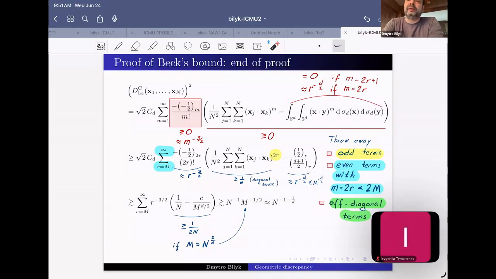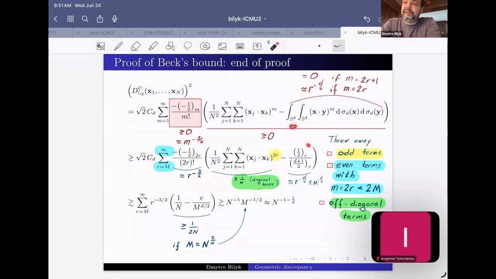So I will be left just with the diagonal terms, and there are n of them, j equal to k. Each one gives me 1. I have 1 over n squared times n times 1, so 1 over n. This is what I get.